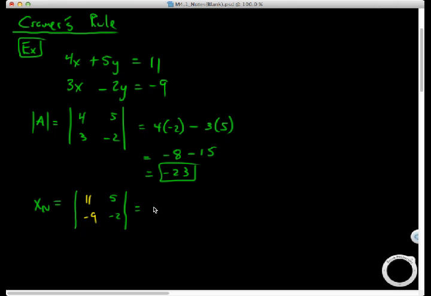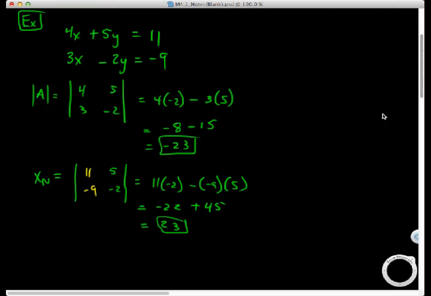When I find this determinant, I'll have 11 times -2 minus -9 times 5. So -22, double negative plus 45, which is positive 23. My x solution will come from my x numerator divided by the original determinant. So it'll be 23 over -23, and I get -1.